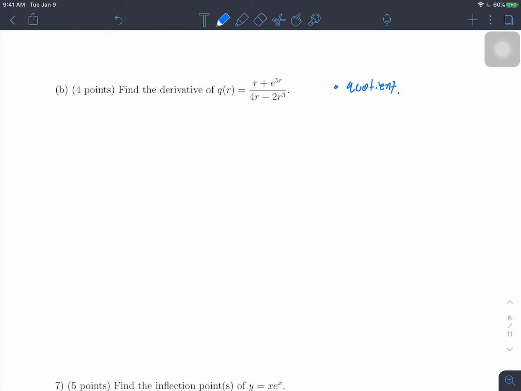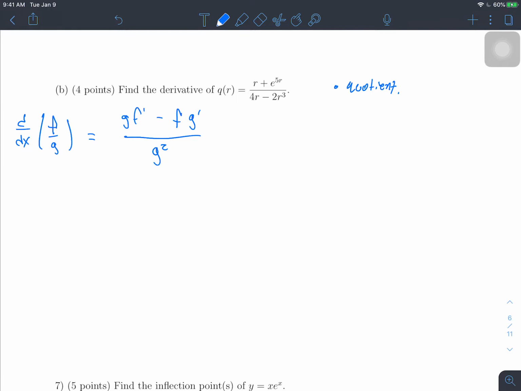So what is it? Well, I know that the derivative of f over g is going to be equal to g f prime. That's low d high minus high d low, all divided by low squared.